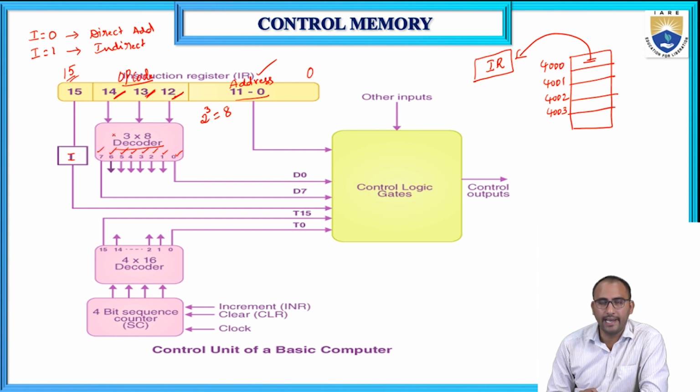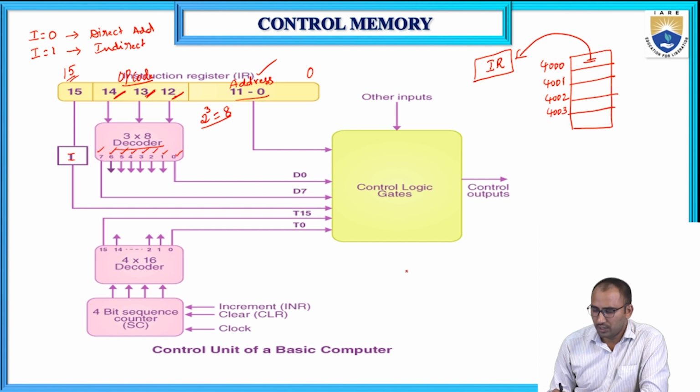So in total 8 outputs are there. Based on the inputs, the corresponding output will be generated. So how many combinations in total? 8 combinations, so 8 outputs will be generated.